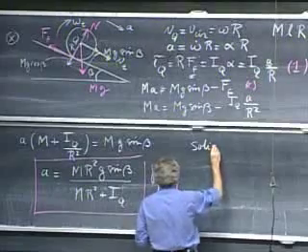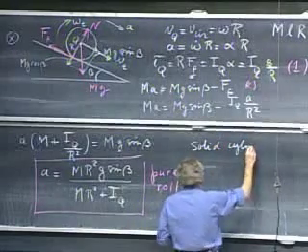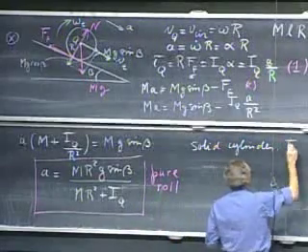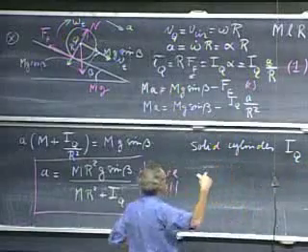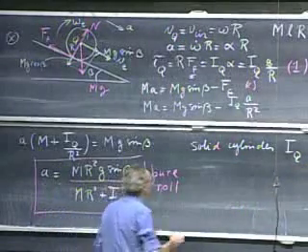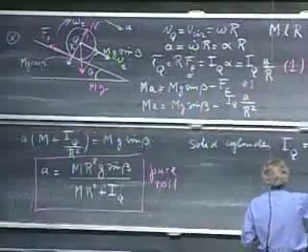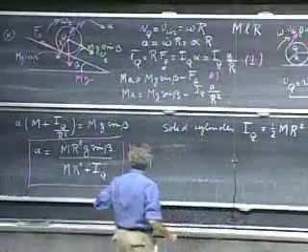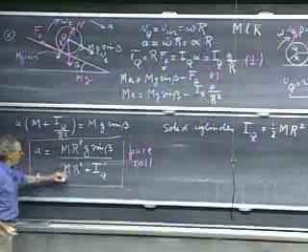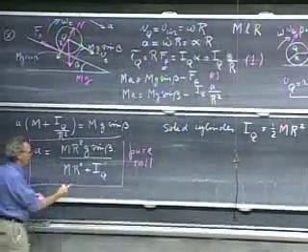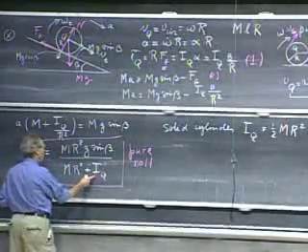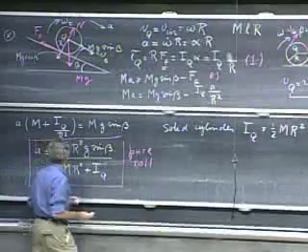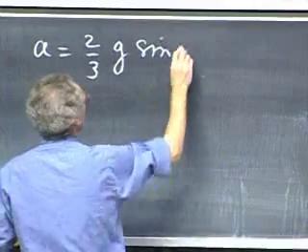If we have a solid cylinder, then the moment of inertia about this axis through the center of mass, which I've called Q, equals 1/2 m r squared. If I substitute that in here, notice that all my m r squares go away. I get 1 plus 1/2, which is 1.5, upside down it becomes 2/3. So A equals 2/3 times g times the sine of beta.